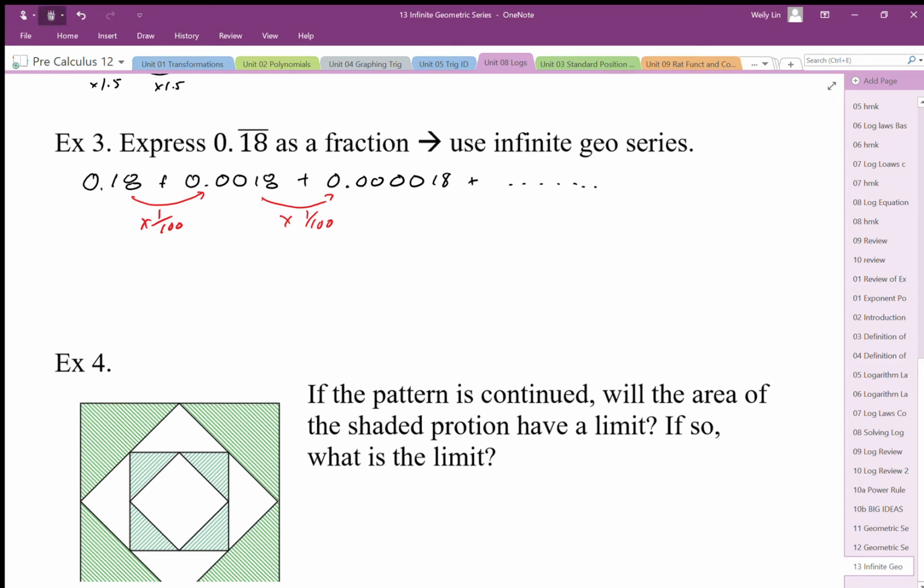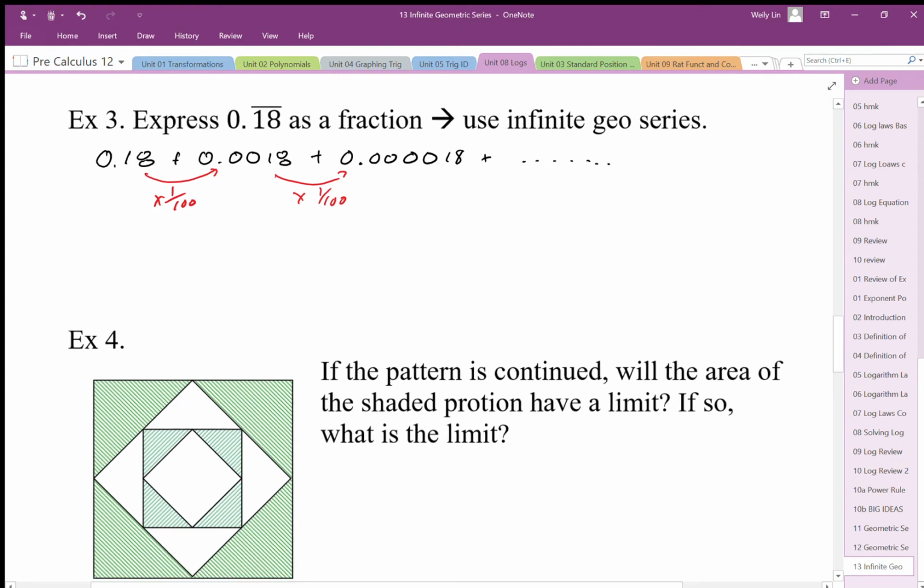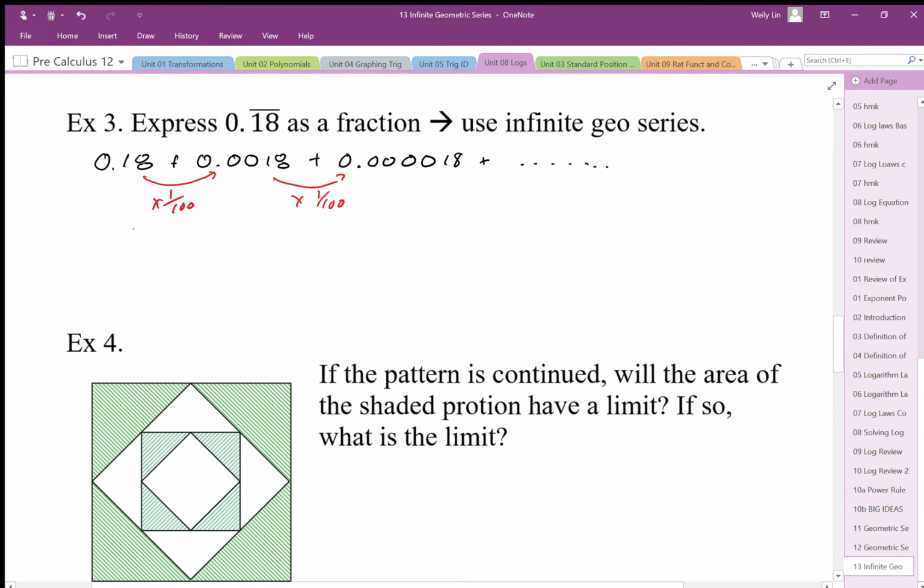So if I use this in my formula, I know that the sum is going to be 0.18 divided by 1 minus 1/100. Well, what does that become?